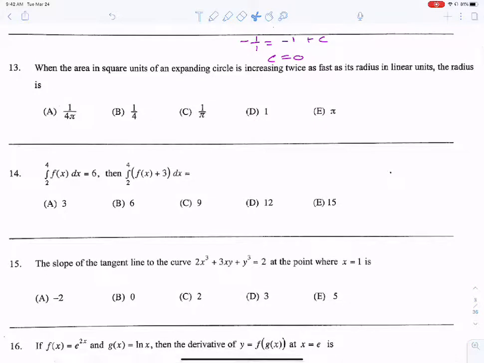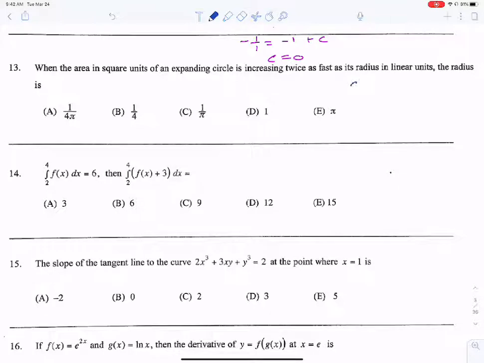When the area in square units of an expanding circle is increasing twice as fast as its radius, in linear units, the radius is, okay, so let's see. We're talking about the area of a circle. Actually, let me backtrack just because I think we can do better. So we're talking about an area that's increasing.